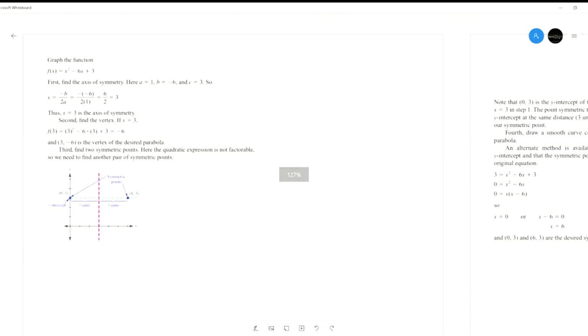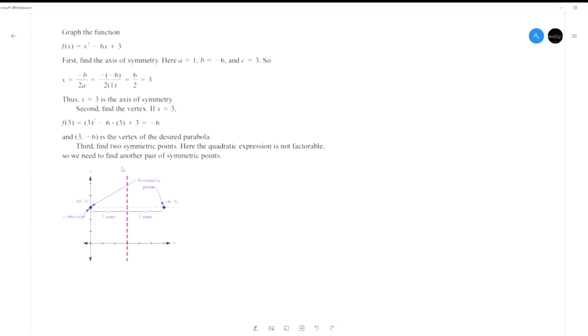Okay, let's see here. We have f of x is equal to x squared minus 6x plus 3. Okay, so I know a is 1, b is negative 6, c is 3. So we can get the axis of symmetry first, right? So the axis of symmetry is x is equal to negative b over 2a.